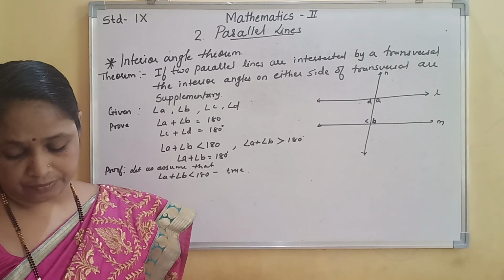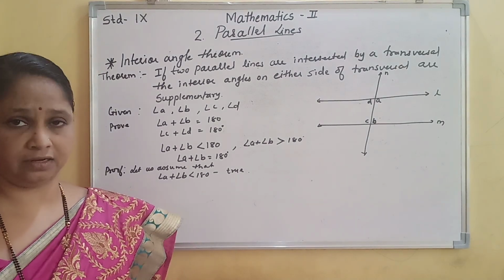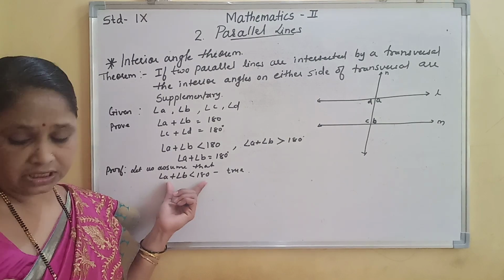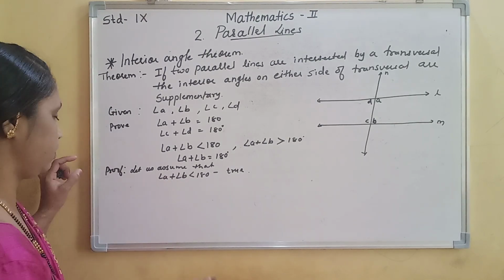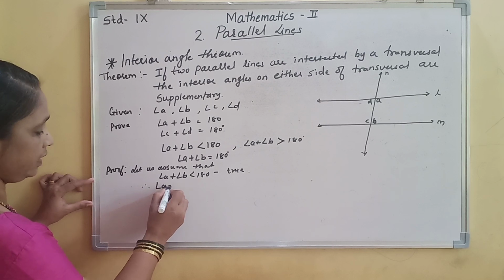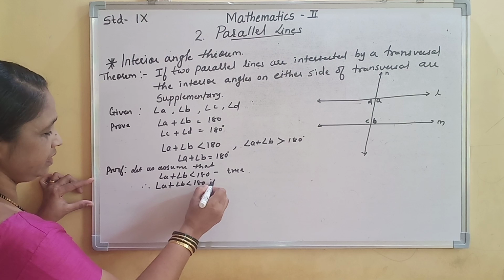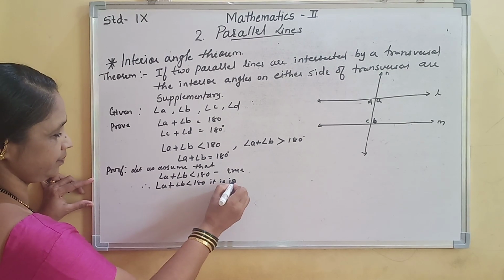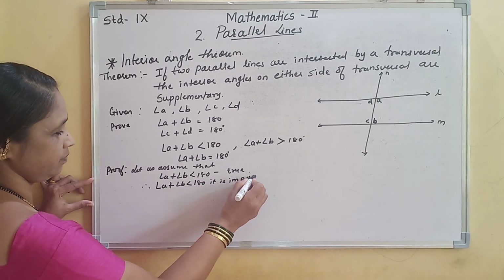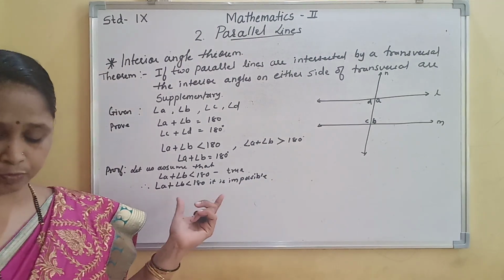But line L and line M, it is given they are parallel. So this condition is not possible. Therefore, you have to write this from the textbook. Okay, angle A plus angle B less than 180 degrees is impossible, according to Euclid's fifth postulate.